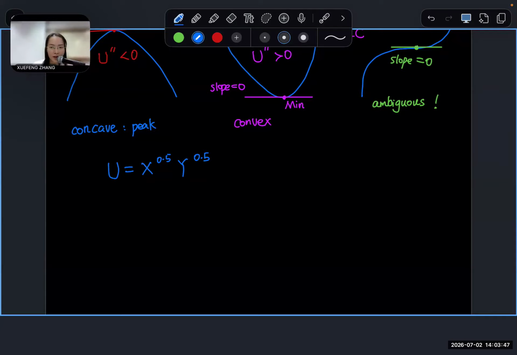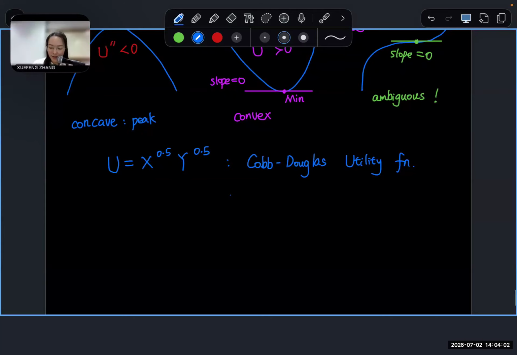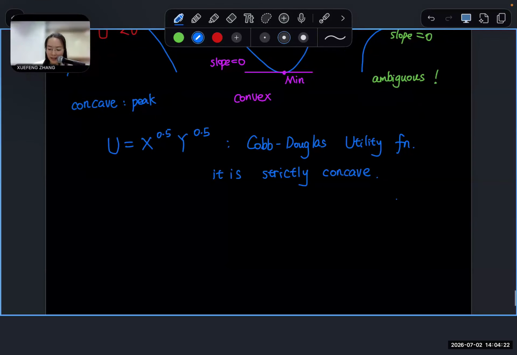A Cobb-Douglas utility function is strictly concave, which means it looks like this.